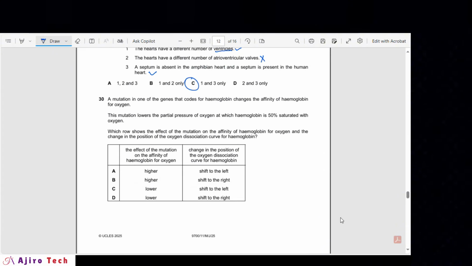A mutation in one of the genes that code for hemoglobin changes the affinity of hemoglobin for oxygen. So here we have hemoglobin oxygen saturation, and the partial pressure of oxygen.